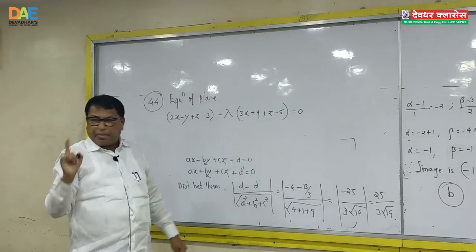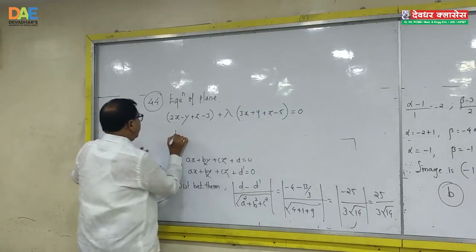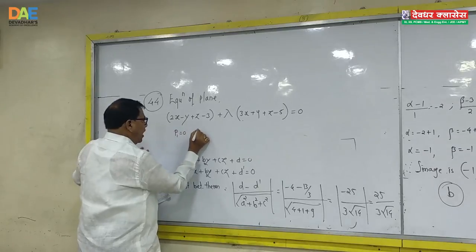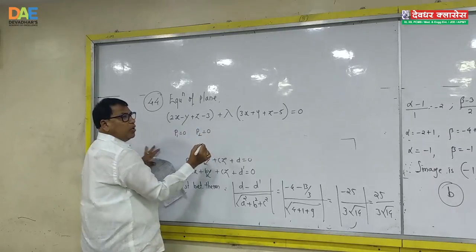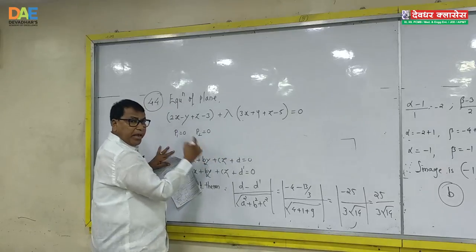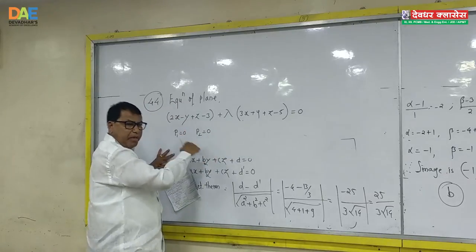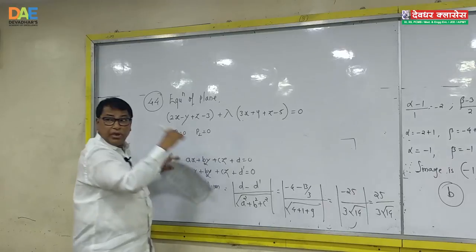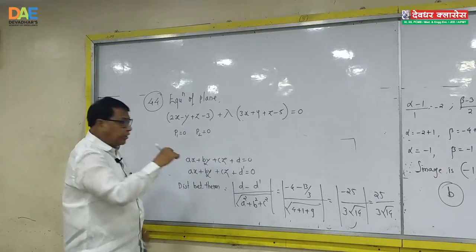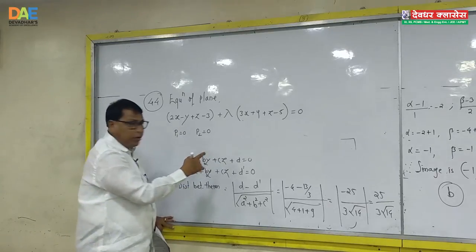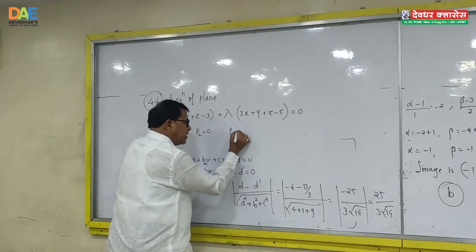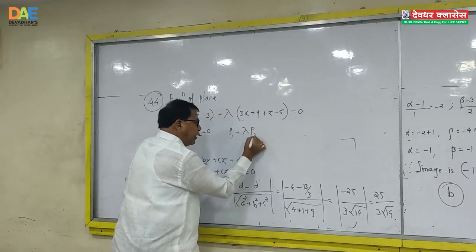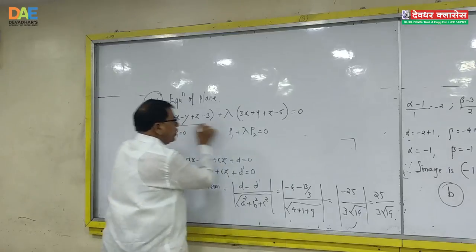Remember that P1 equal to 0 and P2 equal to 0 are the given two planes. Then the equation of the plane passing through the intersection of P1 and P2 equal to 0 is given by the locus P1 plus lambda times P2 is equal to 0. So I've used this concept here.